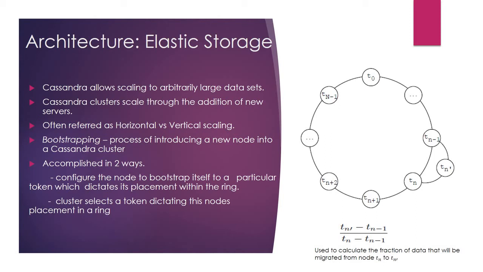If you consider this diagram, T0 to Tn-1 are the nodes in the cluster, which are assumed to be in a virtual ring. Bootstrapping is accomplished in two ways. One way is to configure the node to bootstrap itself to a particular token, which dictates its placement within the ring.